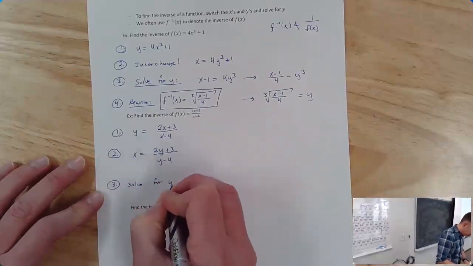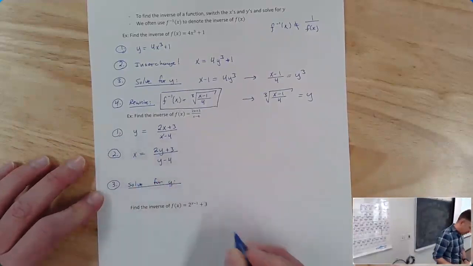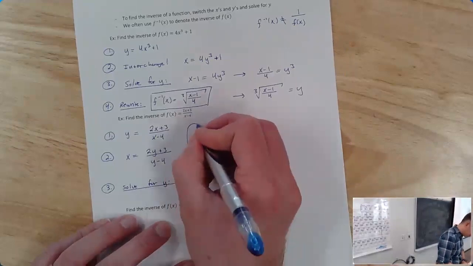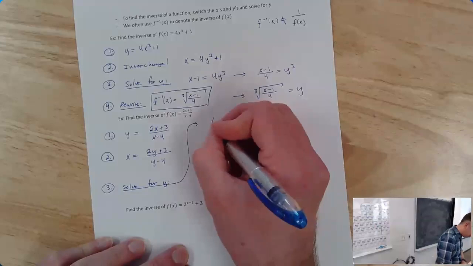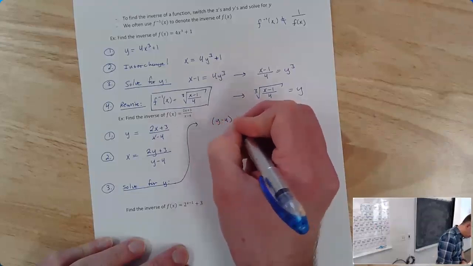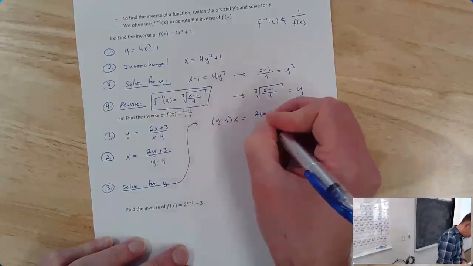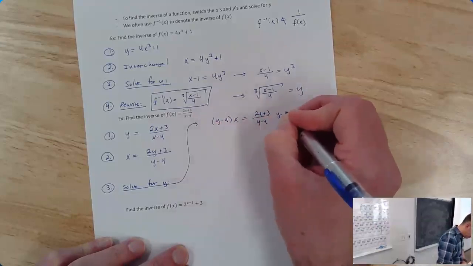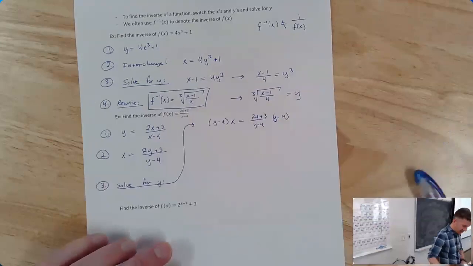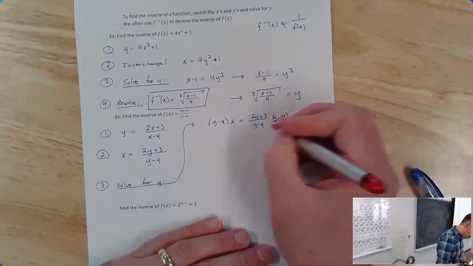This is where we have to be a little extra careful. So first things first, I'm going to multiply both sides by y minus 4. So y minus 4 times x equals 2y plus 3 over y minus 4 times y minus 4. And the reason we're doing that is because we really would prefer not to have any denominators, at least for now.